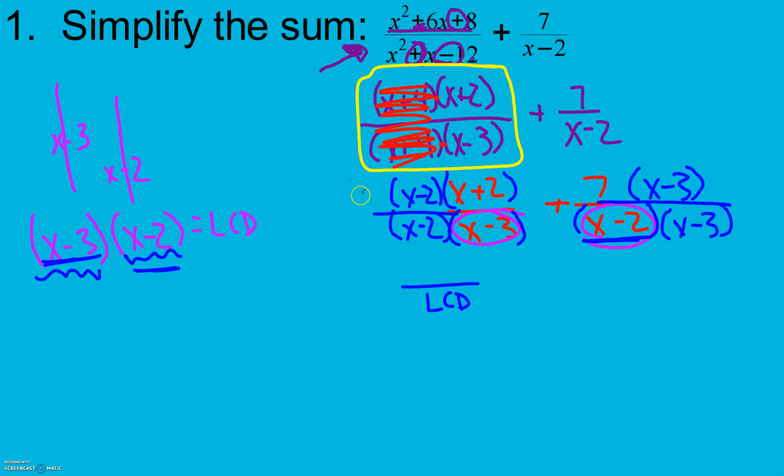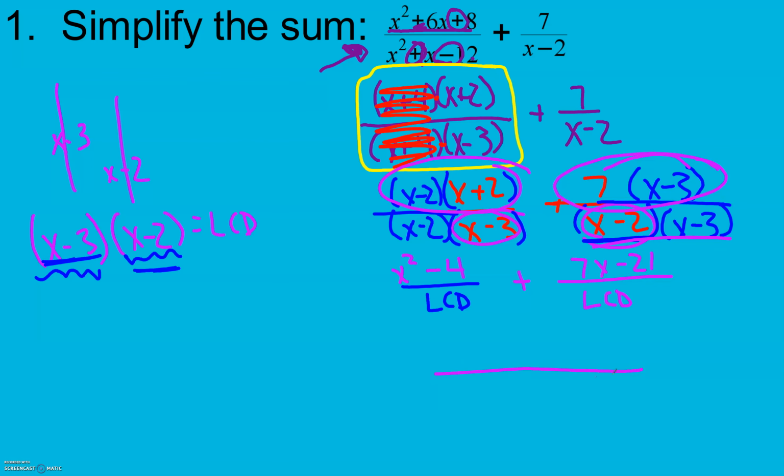I'm going to multiply my numerators. FOIL here, x squared plus 2x minus 2x minus 4. And again, I have a common denominator here. 7x minus 21.